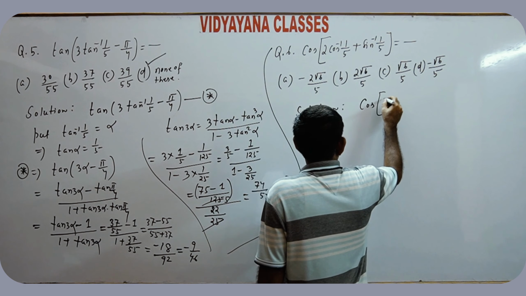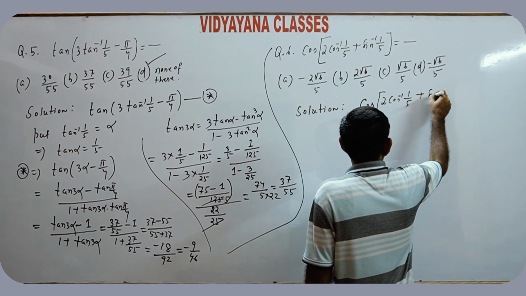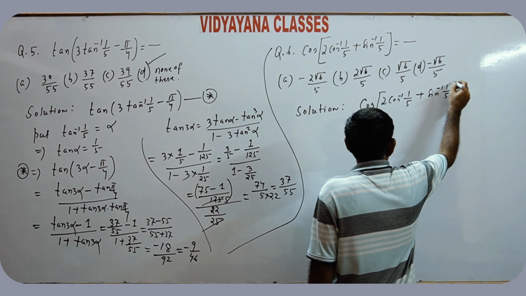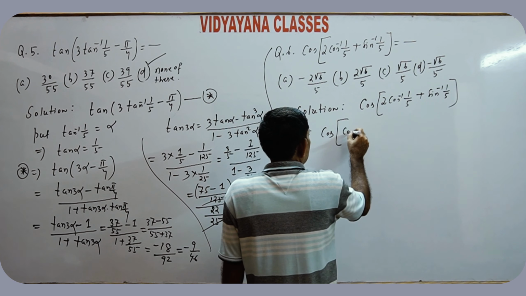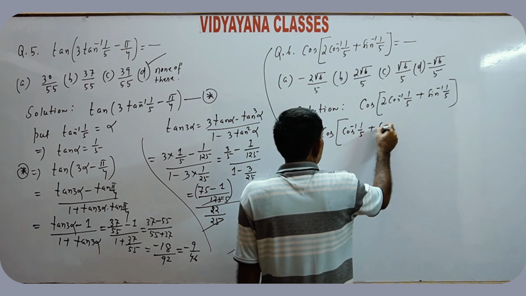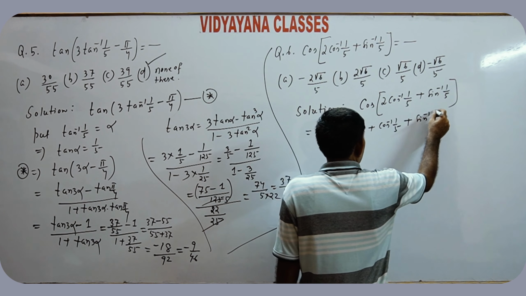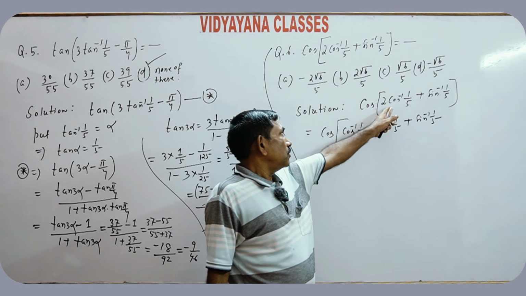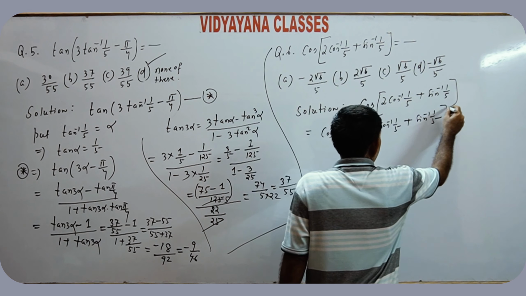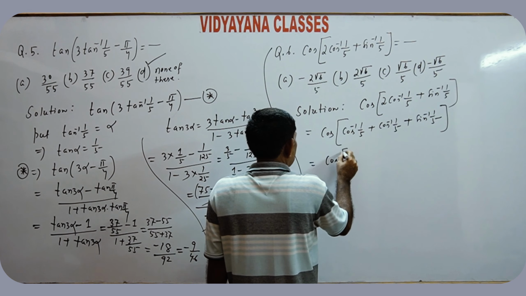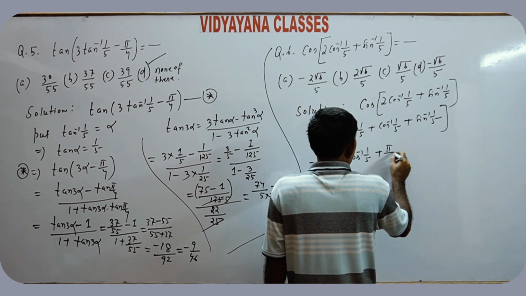Cos of (2 cos inverse 1 by 5 plus sin inverse 1 by 5), which is the same as cos of (cos inverse 1 by 5 plus cos inverse 1 by 5 plus sin inverse 1 by 5). 2 cos inverse 1 by 5 can be written as cos inverse 1 by 5 plus cos inverse 1 by 5, so cos of (cos inverse 1 by 5 plus pi by 2).